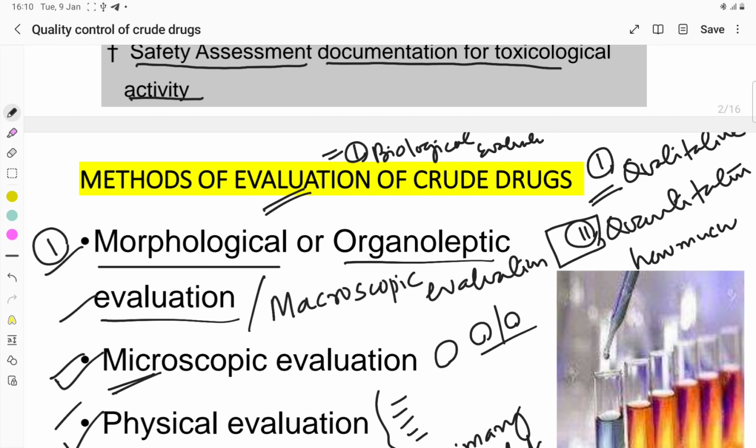This biological evaluation also helps you to do tests on human beings or healthy volunteers. When somebody evaluates the crude drug by applying it to a biological body, particularly living animals like rat, pigeon, mice, rabbits, etc., it is popularly called bioassay.